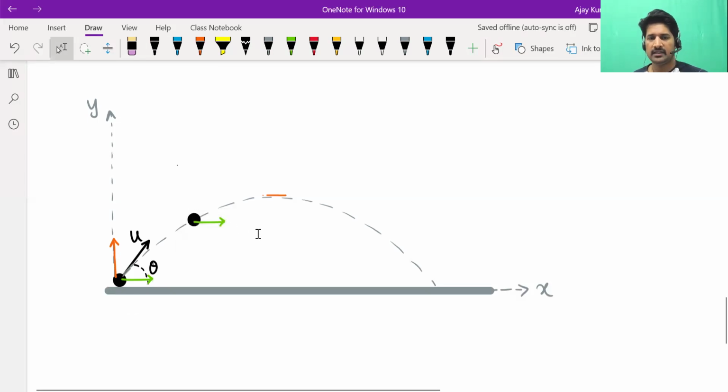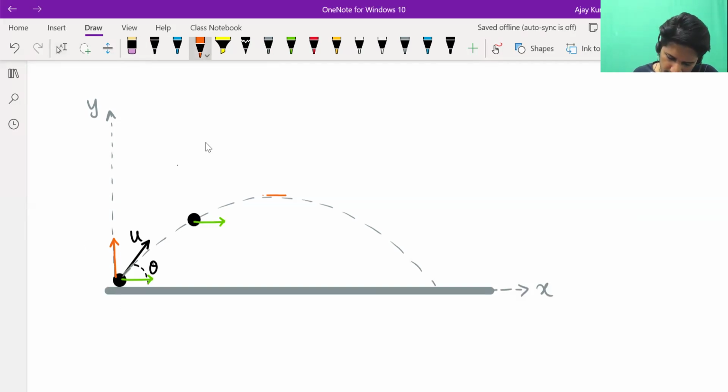And see, during ascent, y component is upward, gravity is downward. So y component will decrease. As Aishwarya said, if acceleration and velocity are in opposite directions, the magnitude of velocity has to decrease. It has to slow down. So effectively the y component becomes shorter like this. Compared to initial velocity's y component, this velocity's y component will be less.